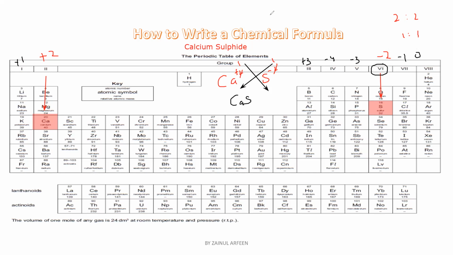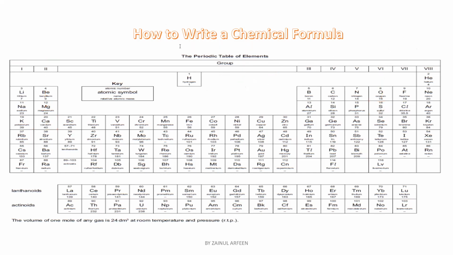Another compound, aluminium nitride. What will be the chemical formula for aluminium, which is in group 3, and nitride, nitrogen, group 5?